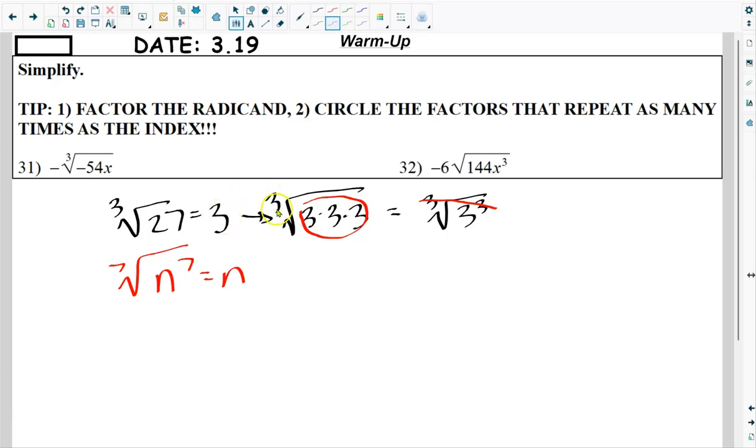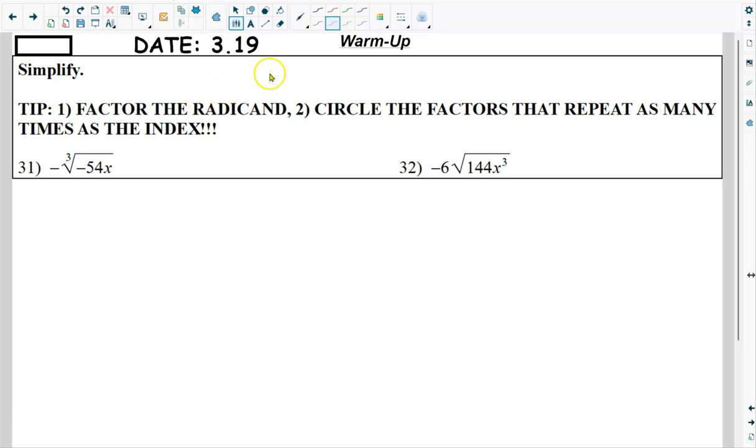Hopefully you see the connection with this whole circling process, and more importantly, your knowledge that an exponent can be canceled with the radical of a matching index. If that helped, good.